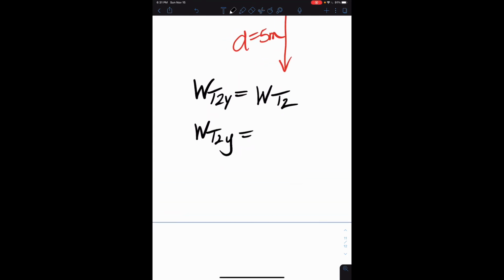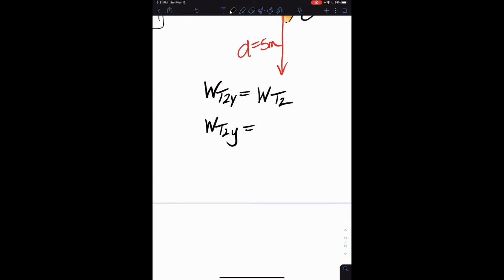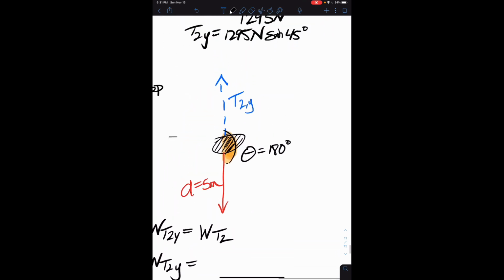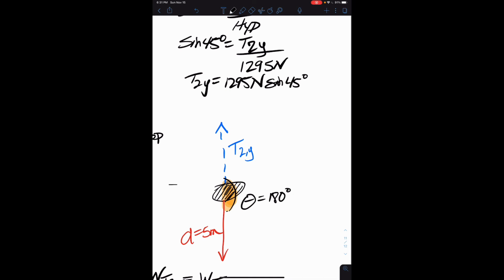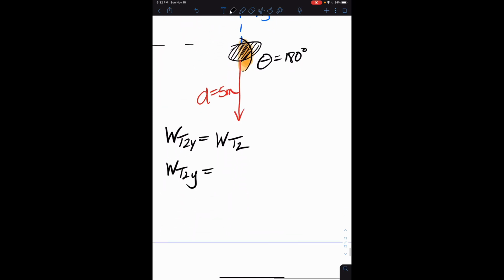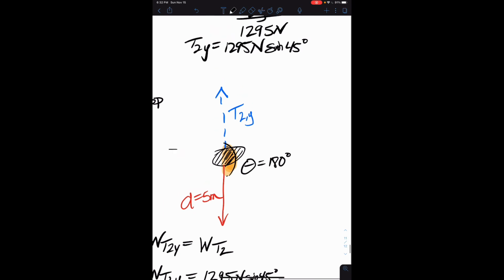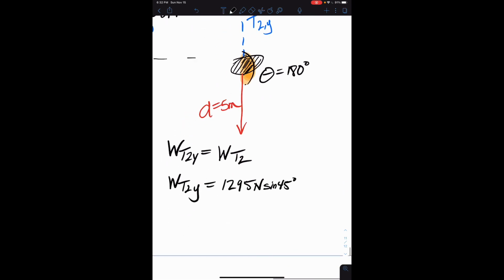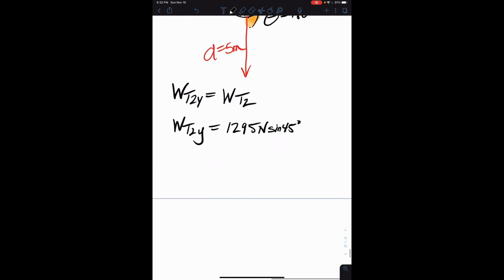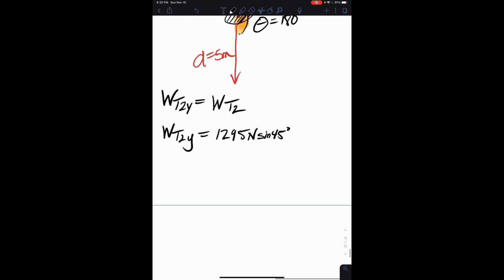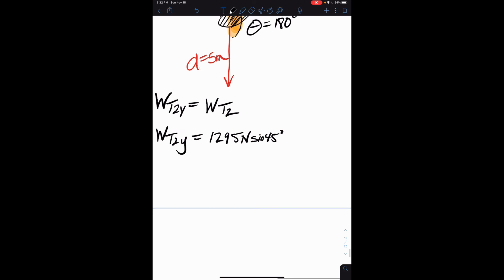That's my main point: the work by T2y is equal to the work by T2, because only the parallel part of T2 does work. So what would that equal? Whatever this is right here, 1295 sine 45, times, I didn't write it all out, W equals F D cosine theta.